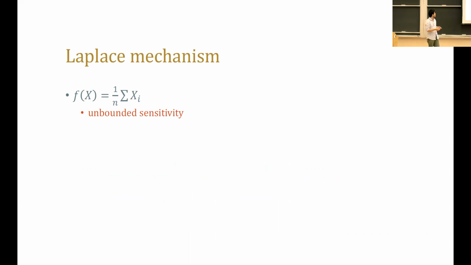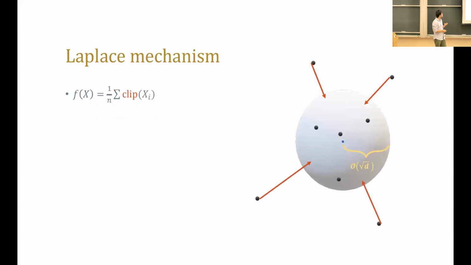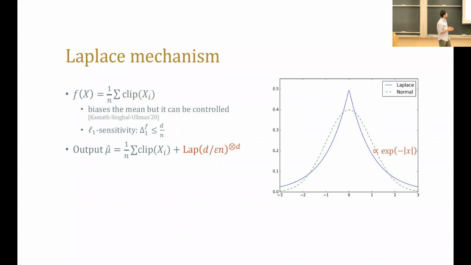You compute the empirical mean. You see that it has unbounded sensitivity, so you can't add Laplace noise to make it private. So what you do is you clip the points into a ball of, say, radius root d, and this bounds your sensitivity. Now you can add Laplace noise to get a private estimator.